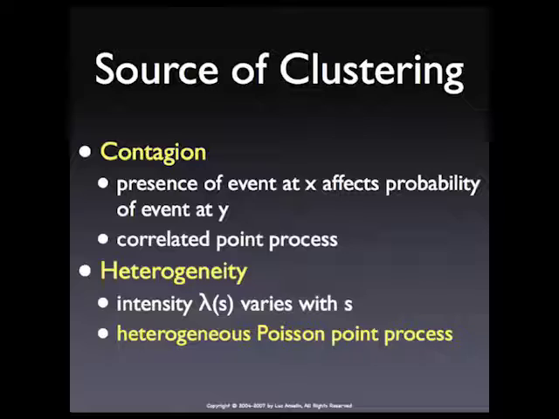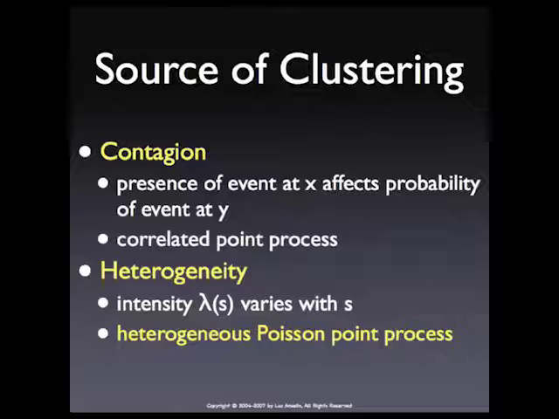If as we move our box, we let the average number of points in the box change, then we'll get places where there's lots of points in the box, and places where there are few points in the box. And it looks exactly like a pattern that is obtained by contagion.